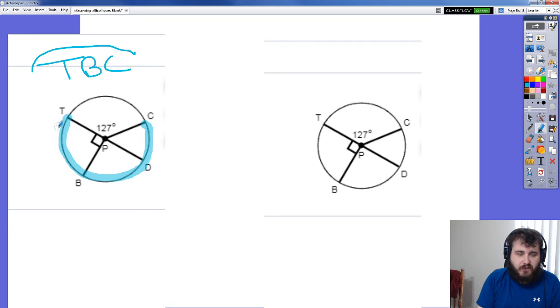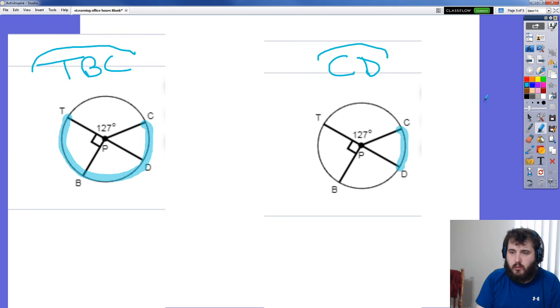And I need to find how many degrees is this piece. In the other one, they want arc CD. Notice 2 letters. That tells us we want to go the short way around from C to D. That's this part. So we just want this angle.